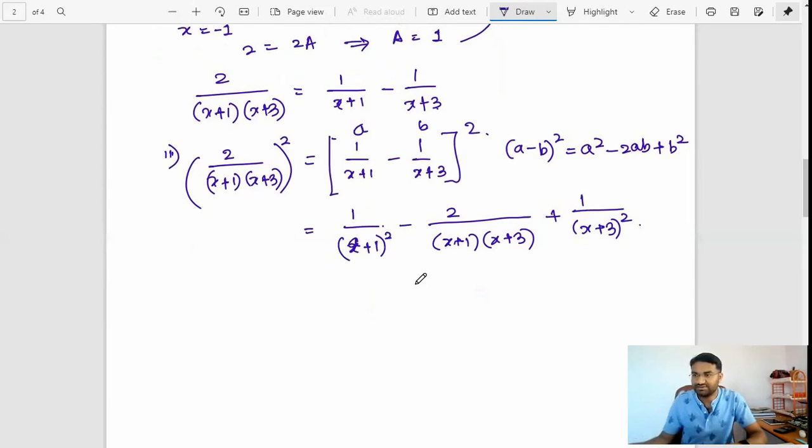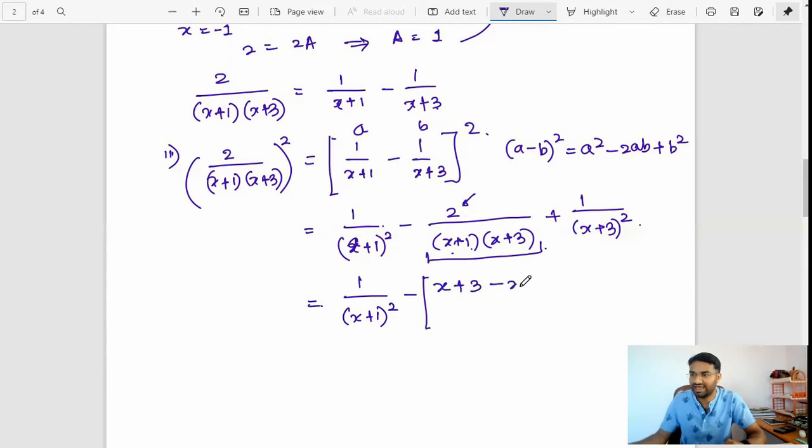Now you just have to separate this x plus 1 and x plus 3 by adjusting the terms at the numerator. Look here, I will readjust the terms. 1 upon (x plus 1) squared minus, now at the numerator we have a 2, so you can write 2 like this: (x plus 3) minus (x plus 1). Why do we write it like this?